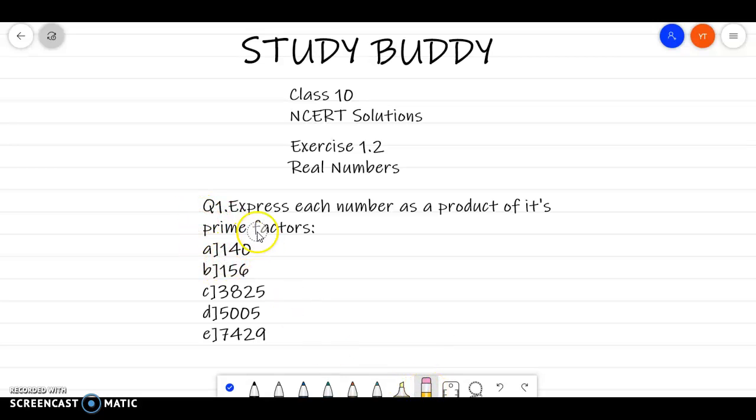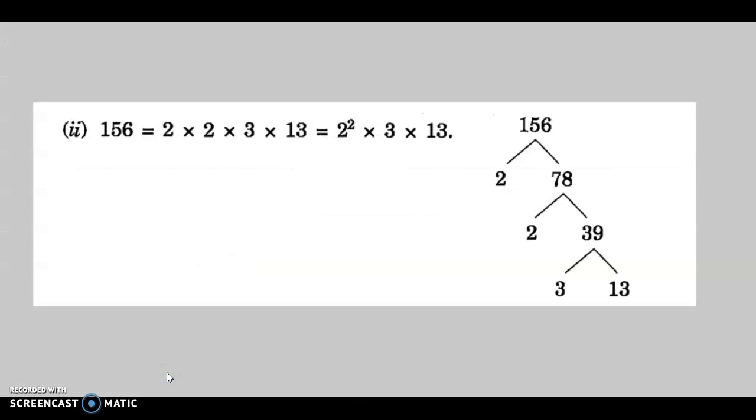Express each number as a product of its prime factors. So question number B is 156. So 156, I'm dividing it into 2 and 78. 78 is a composite number and becomes 2 into 39. 39 is a composite number and becomes 3 into 13.